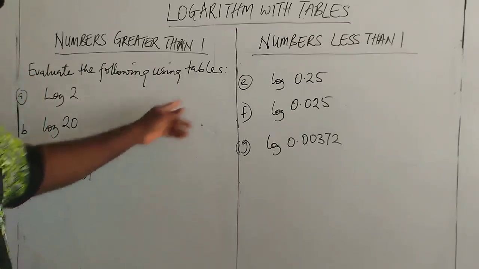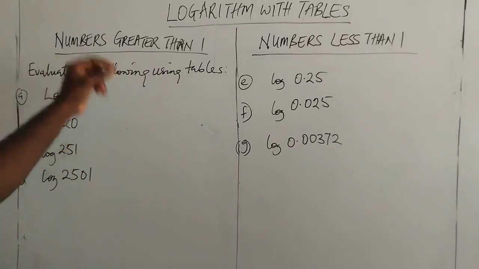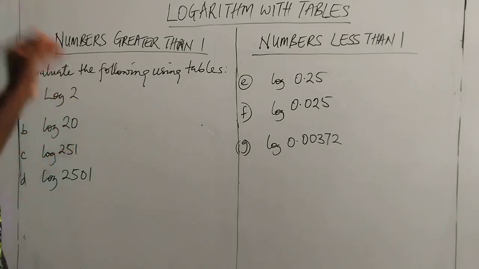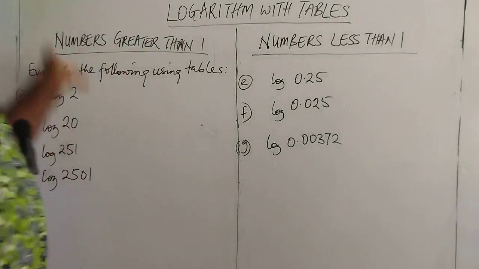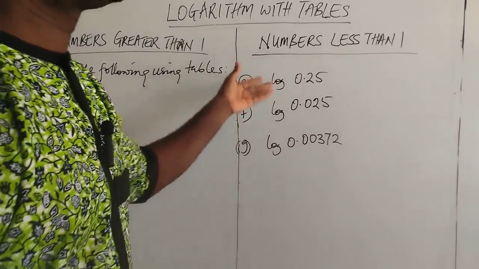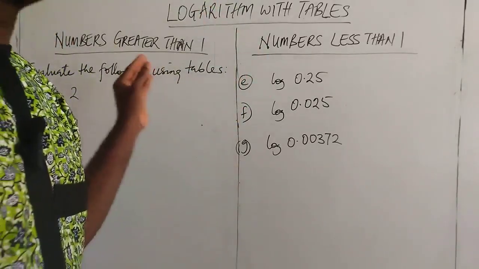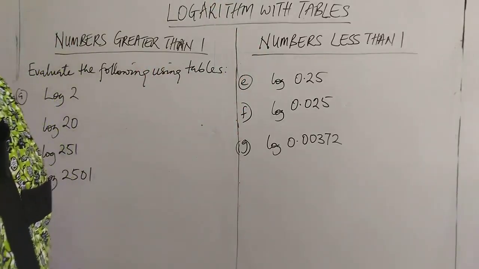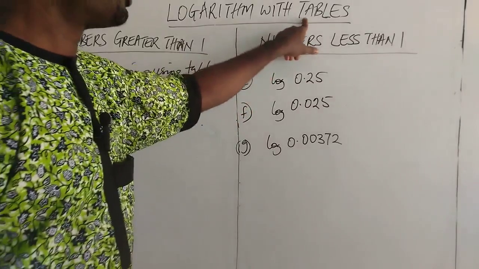I have about 7 questions which I will use to illustrate how to find logarithm of numbers greater than 1, that is from 1 upwards, numbers greater or equal to 1, and numbers less than 1. For you to do well in this topic, you need to get the tables required.